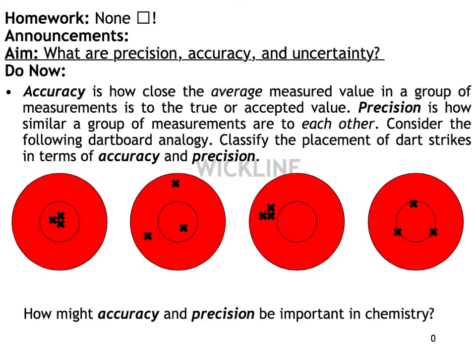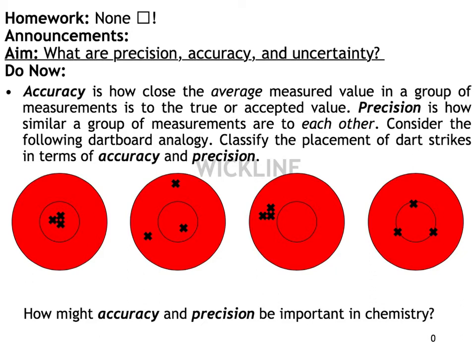Precision is different. Precision is when you take some readings with a device and the readings are really similar to each other. They're not necessarily close to the actual value, but they're really reliable compared to each other. When I'm considering the difference between accuracy and precision, I usually think about, let's say, a bathroom scale.